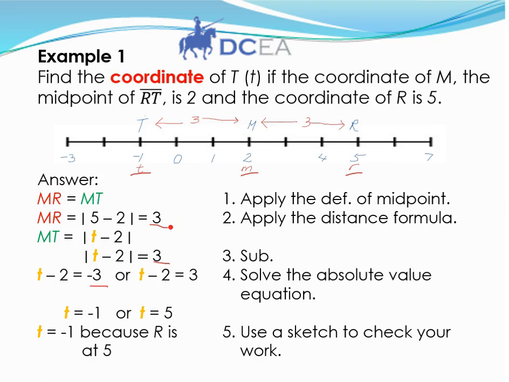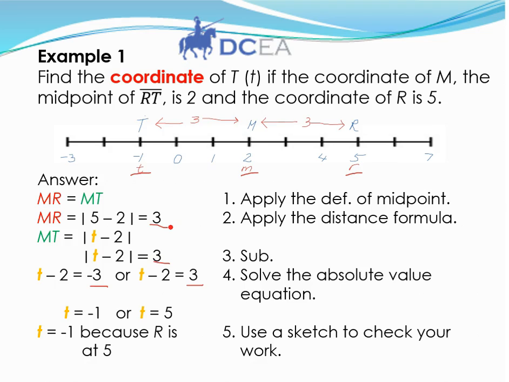So you'll have on opposite sides of your midpoint 3 numbers to the negative, 3 numbers to the positive for your answer. So we have MT and we have MR.